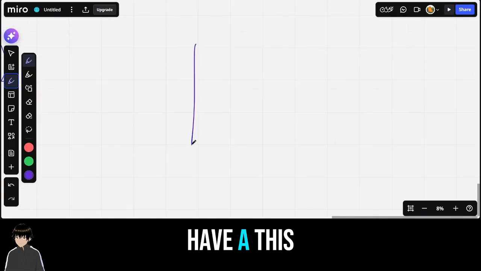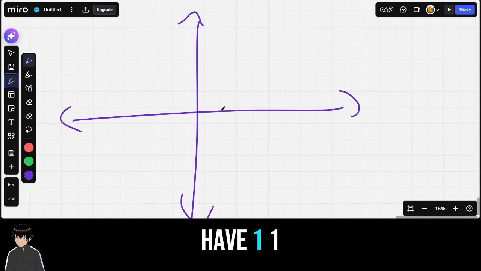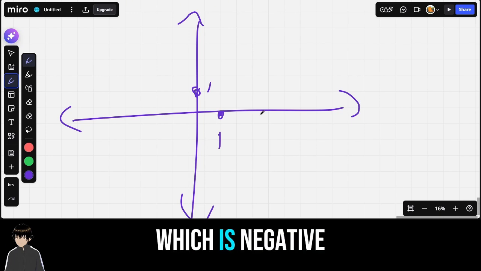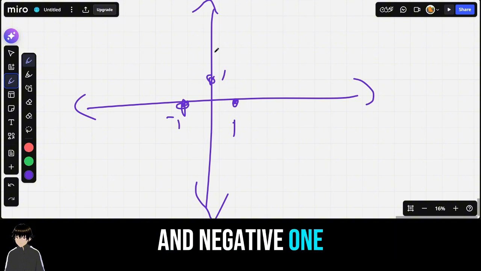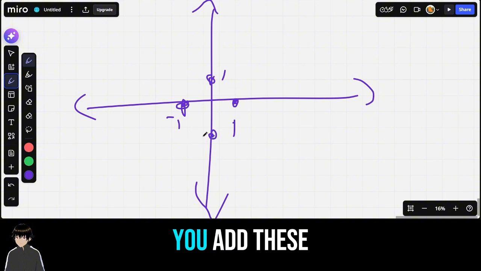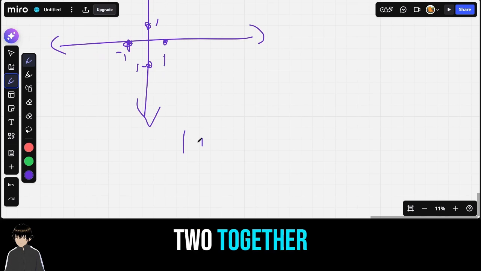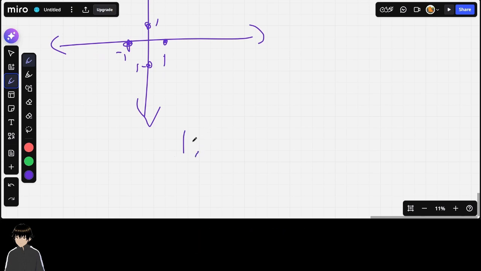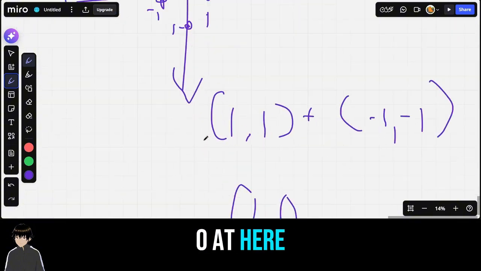Let's say you have this plane, and you have two points: 1, 1, and another point, which is -1, -1. If you add these two together, you get 0, 0. And where is 0, 0 at? Here.